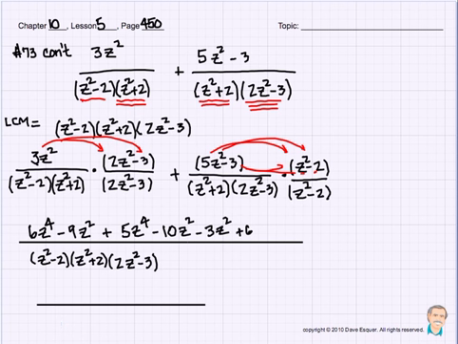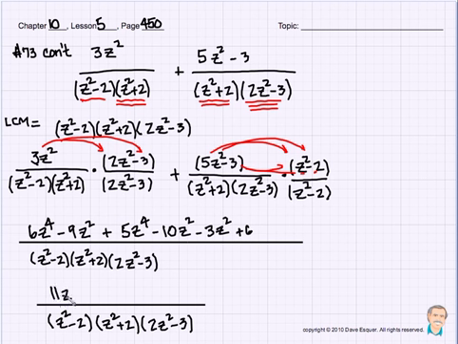Our denominator still stays the same. We have z squared minus 2, z squared plus 2, and 2z squared minus 3. And let's see if we can combine like terms now.